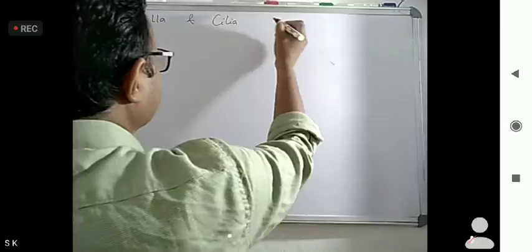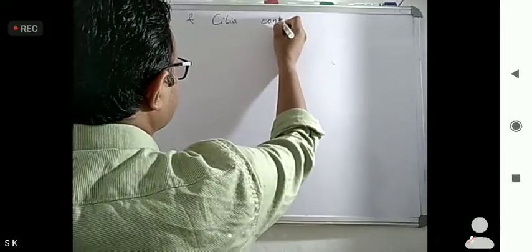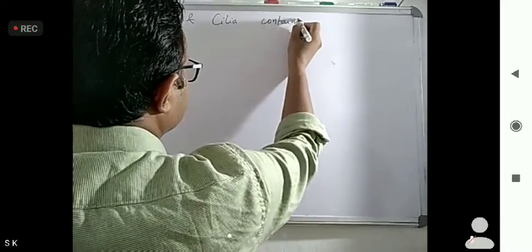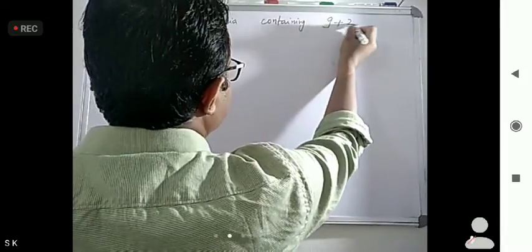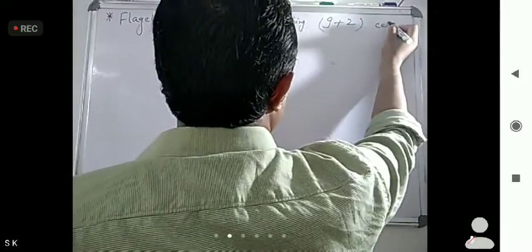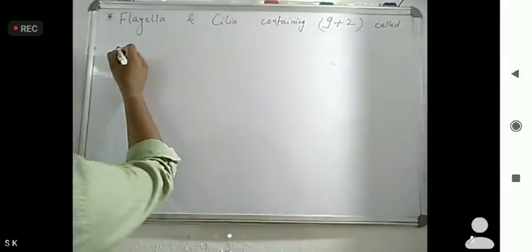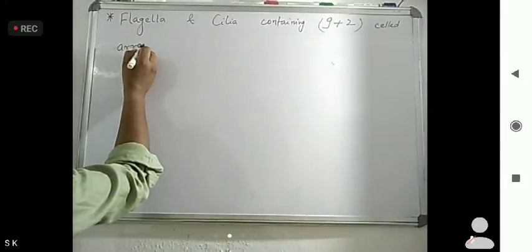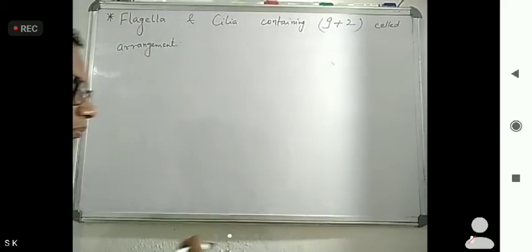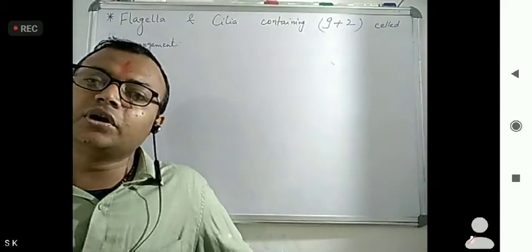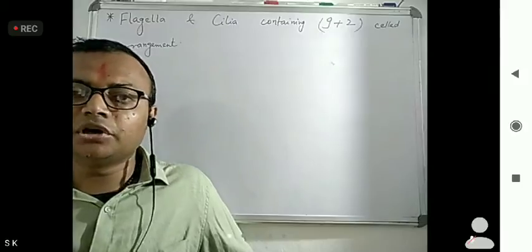So flagella and cilia contain a 9+2 arrangement. Okay, so complexity starts from the Kingdom Protista.